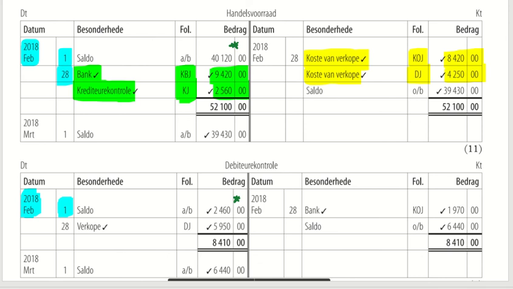In hierdie geval is die debietkant die meeste. So the debit side is more. So the same amount that we had there, we are now going to write on the credit side as well in the same line. And then the difference that we still need is going to be our new balance.